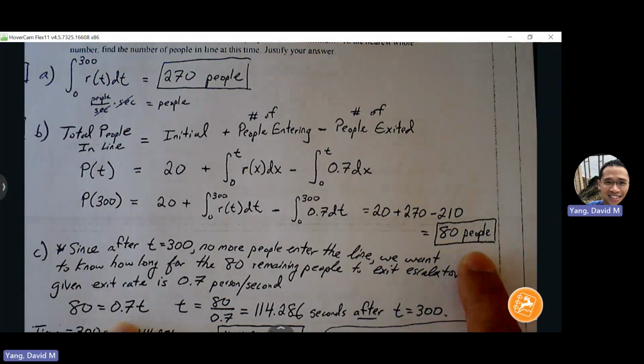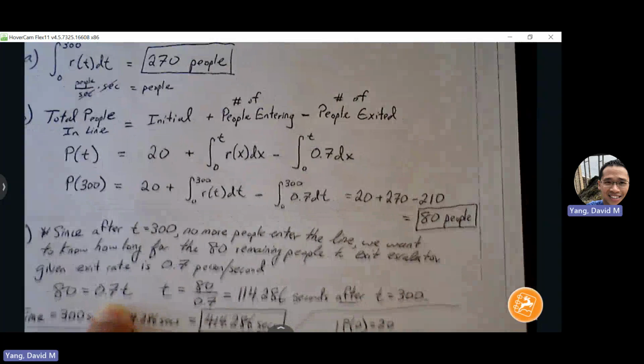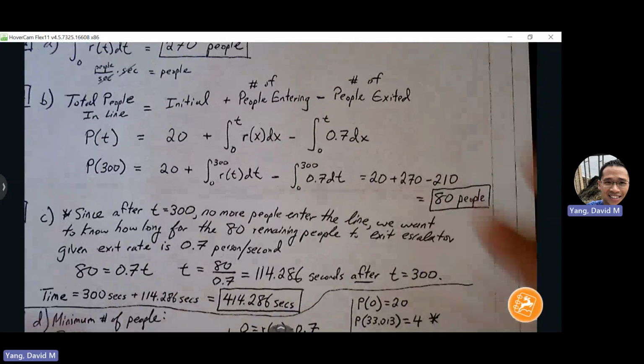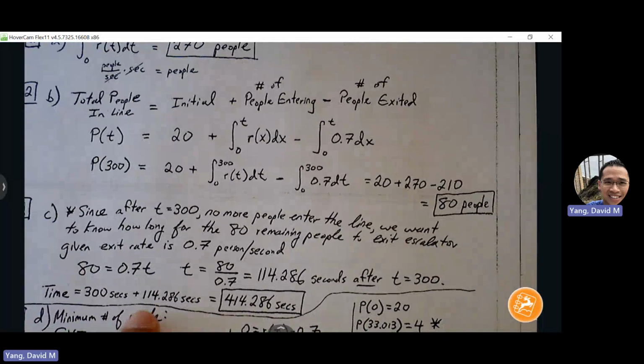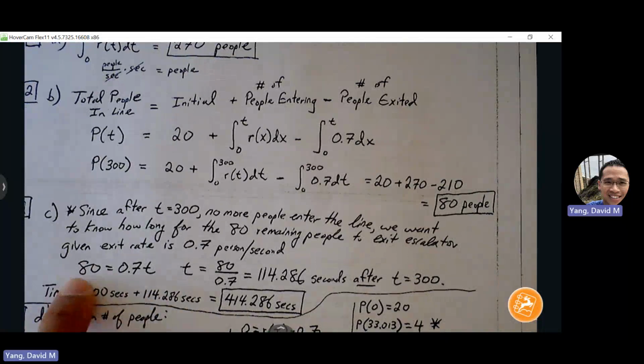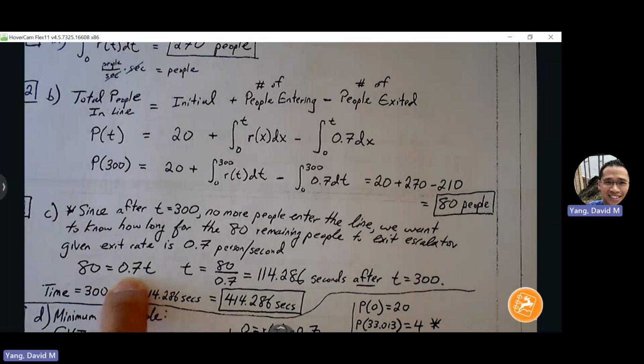Okay, so we know that the exit rate is 0.7 person per second. So we know that these 80 people are going to exit at a rate of 0.7 times t.